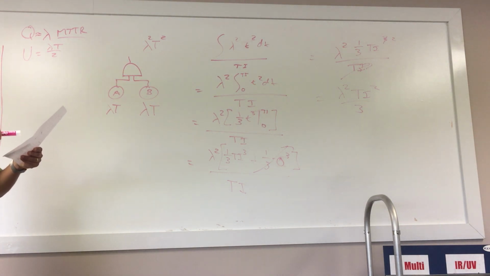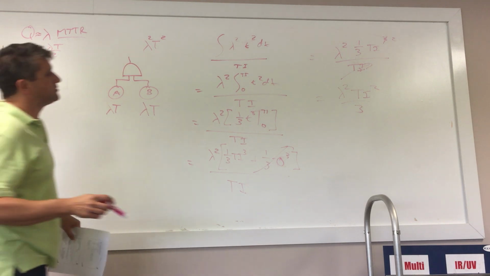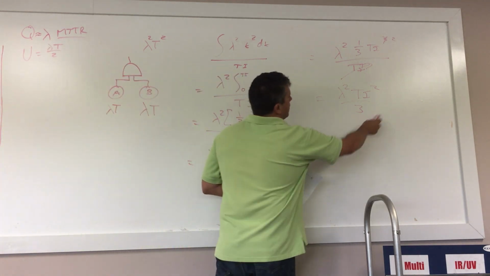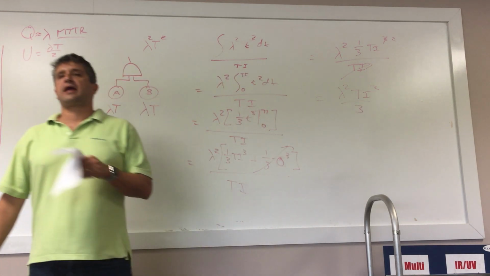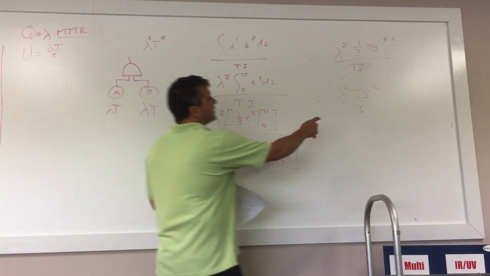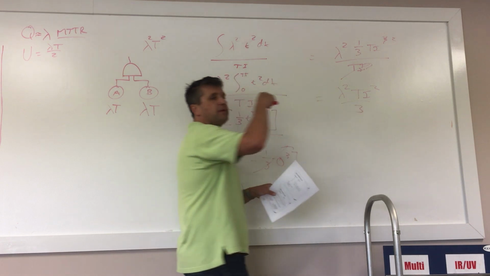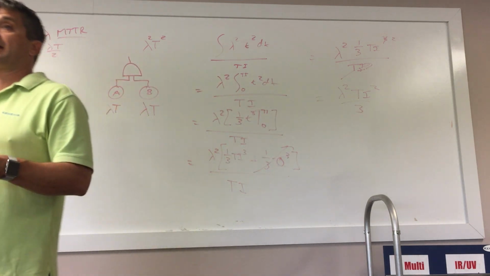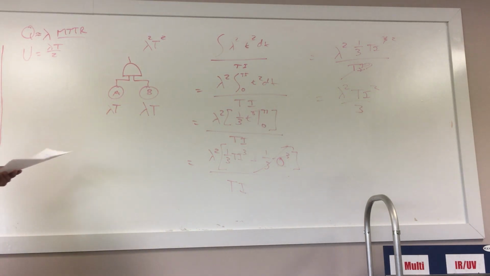And the lambda dn term is going to use lambda squared t squared over 3 because it's going to be treated the same as the lambda du, the dangerous undetected.